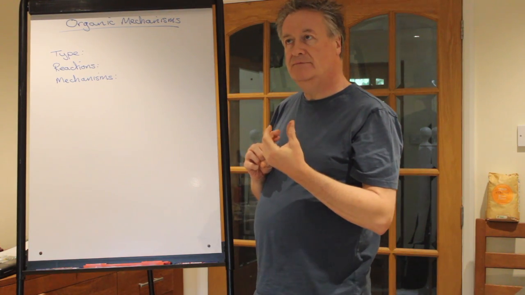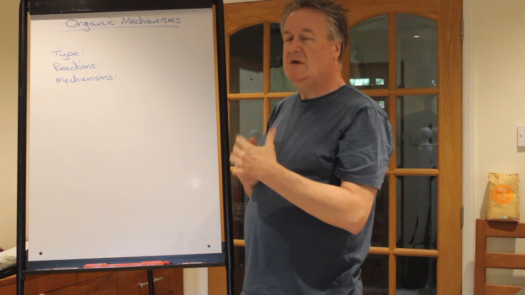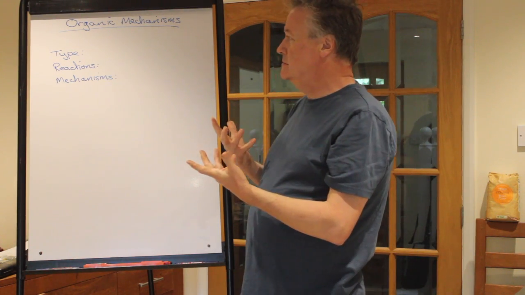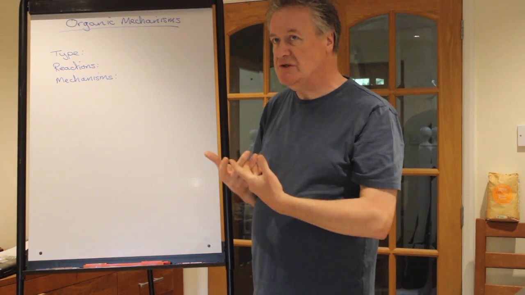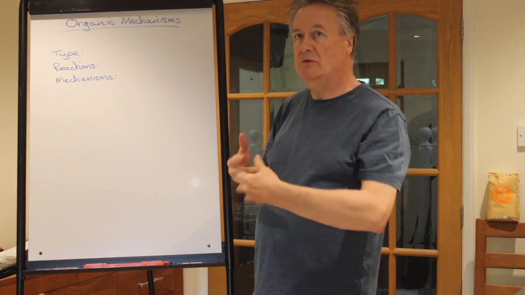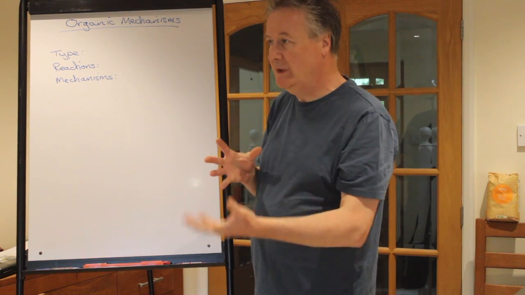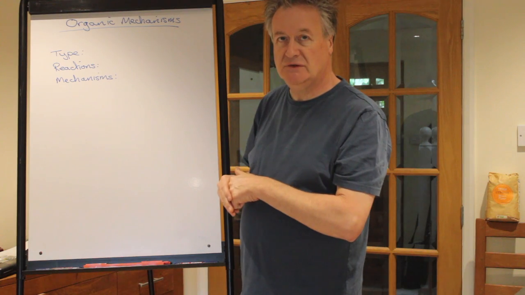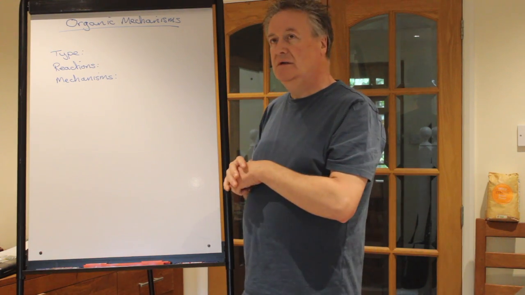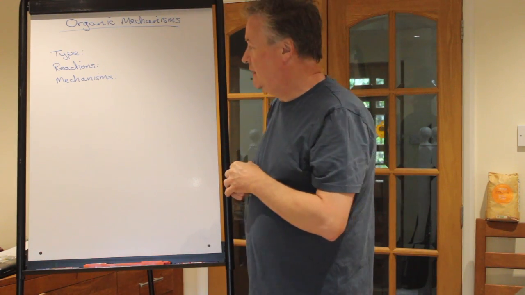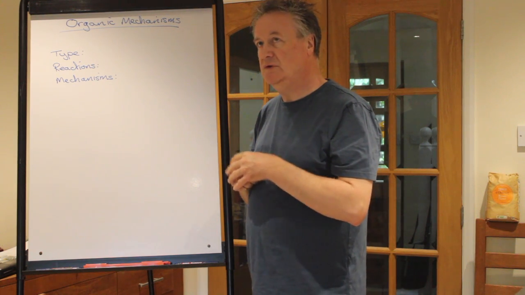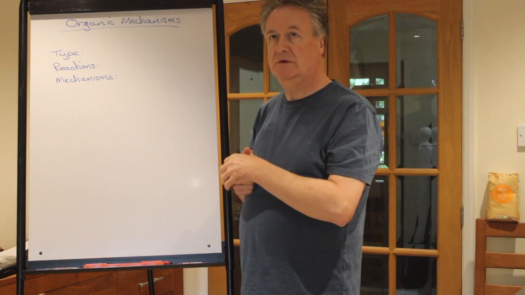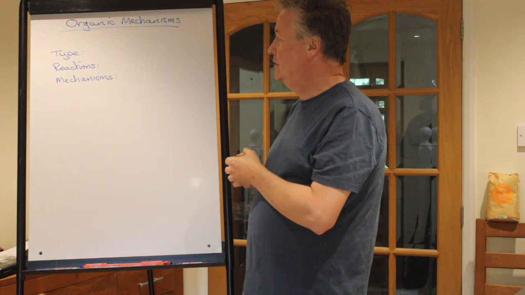Then there are the sometimes quite overwhelming reactions and the reagents you need to know to convert organic chemicals from one type to another, to change the functional group. There are around about 60 reactions you need to know what to do, how to do it, and what you use in an A-level chemistry course.